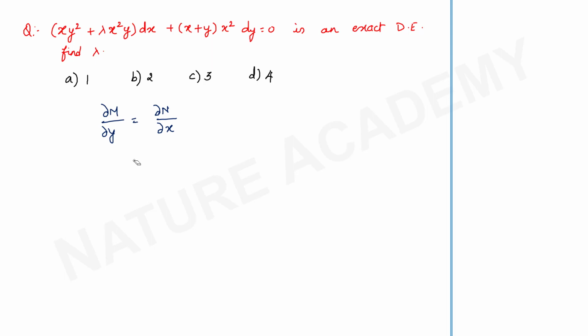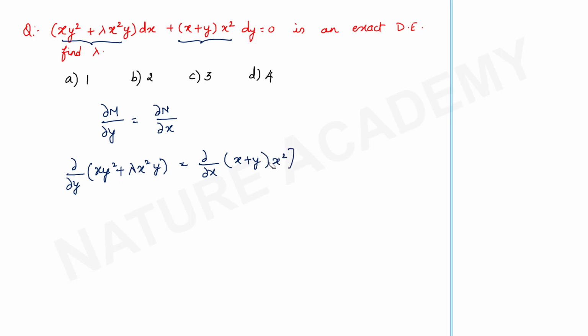Isn't it? Here you can see that your m is xy square plus lambda x square y. So you do this one, dou by dou y of xy square plus lambda x square y. This is equal to dou by dou x of your n, because this will be your m and this will be your n. X plus y x square.